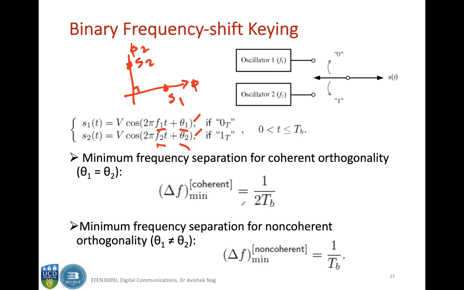That happens if you have delta F, which is F1 minus F2, equal to 1 over 2 TB when theta 1 is equal to theta 2. When theta 1 is not equal to theta 2, then the separation delta F or F1 minus F2 should be equal to 1 over TB.